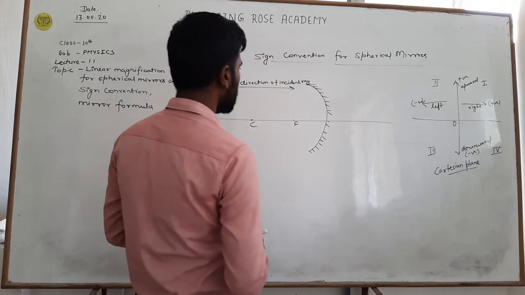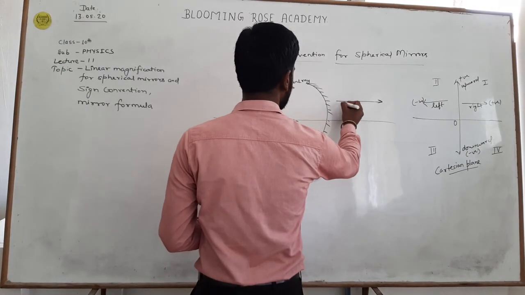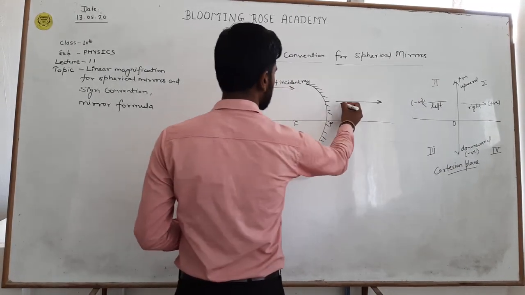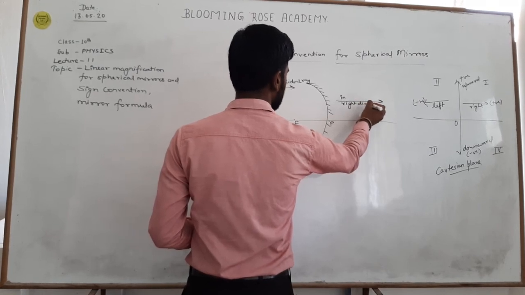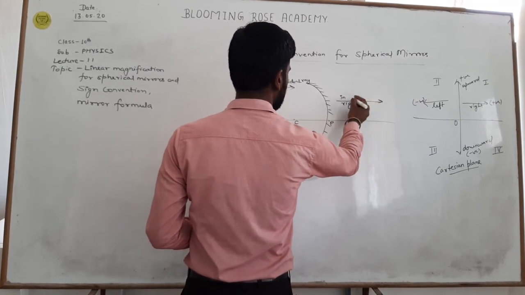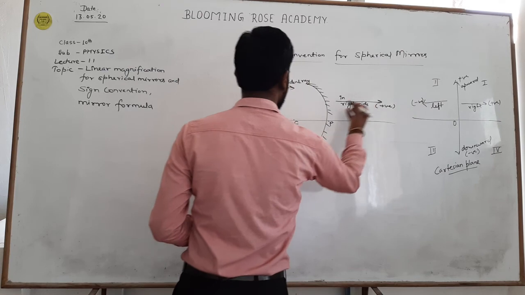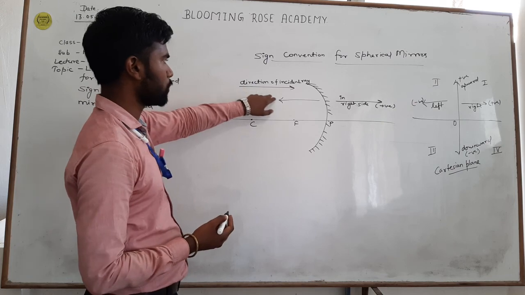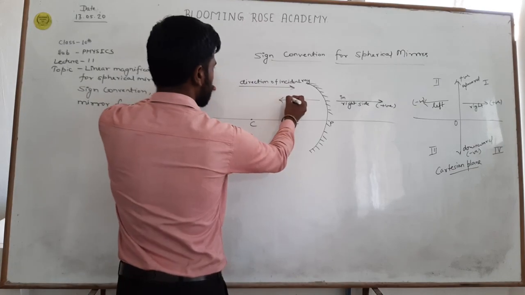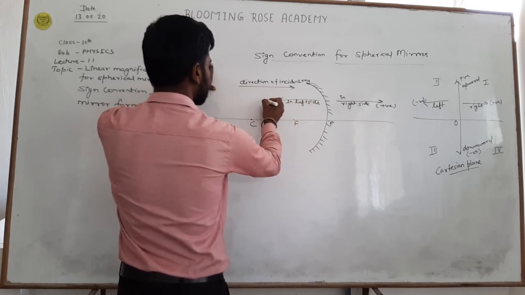When we go right from the pole, we take the sign as positive, and when we go from the pole to the left, opposite to the direction of incident ray, we take the sign as negative.